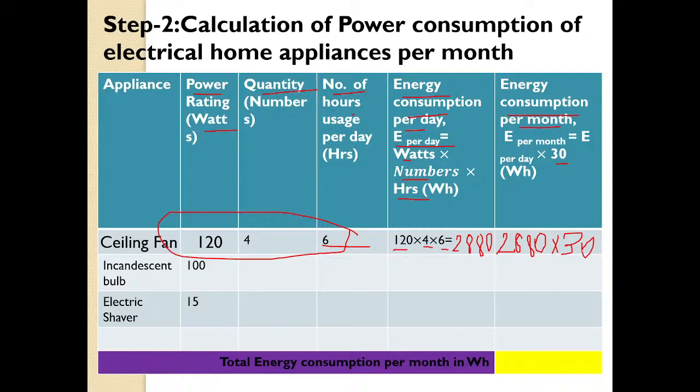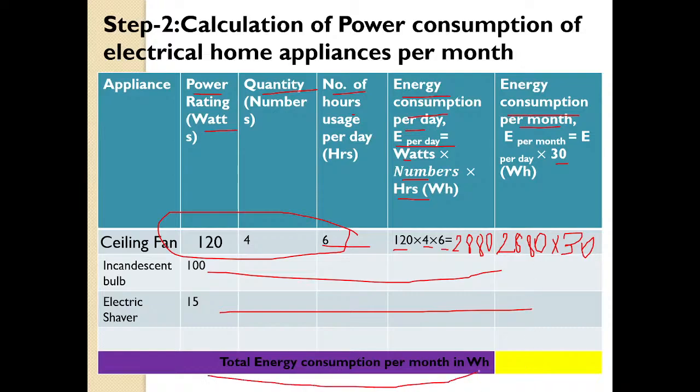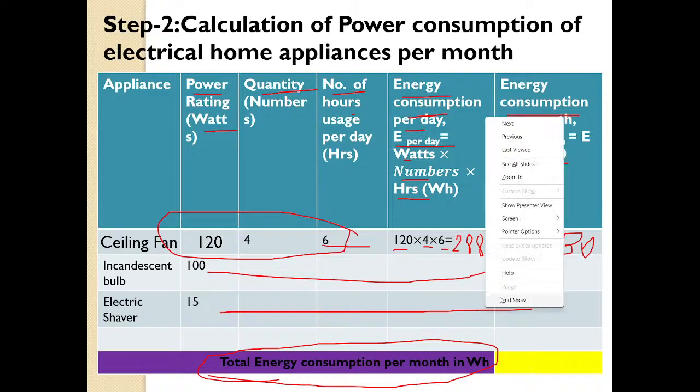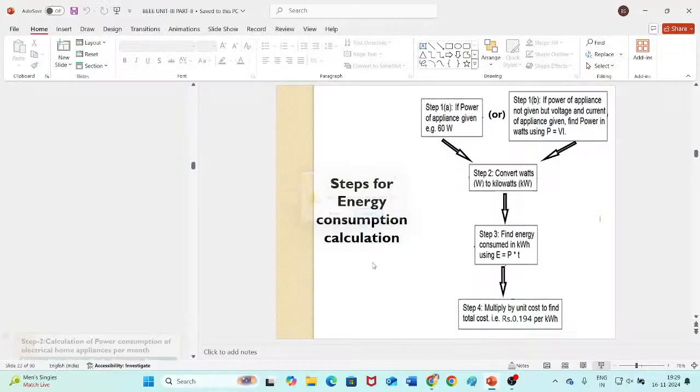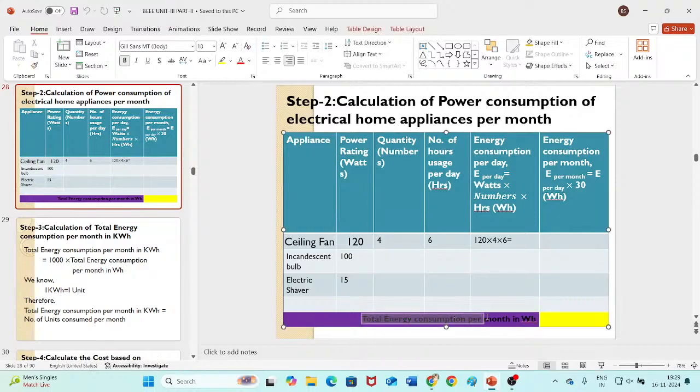You just write it down in that last column. And for each and every electrical appliance, you calculate the energy consumed per month. And you add them all together, and you will get the total energy consumed per month in watt hour.